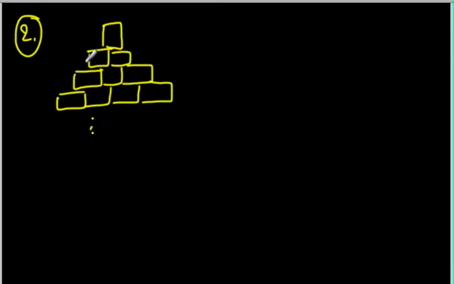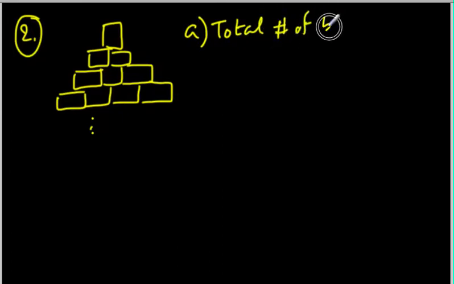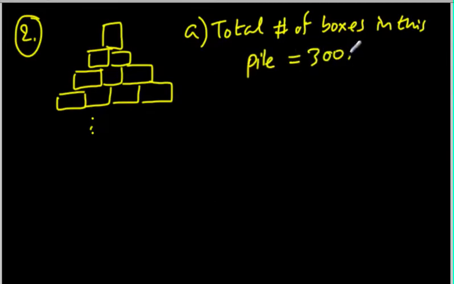The question here is, the total number of boxes in this pile equals 300. Okay? My question is, how many rows are there?